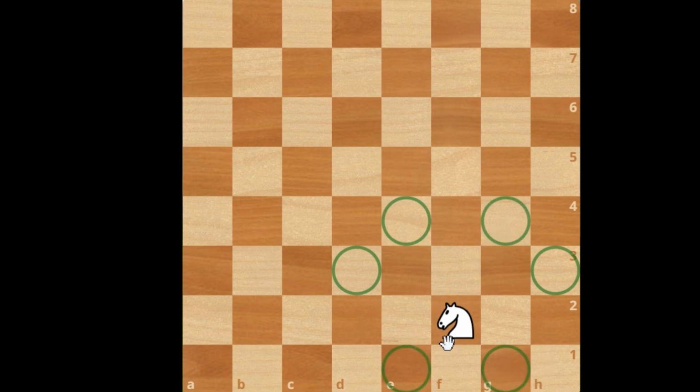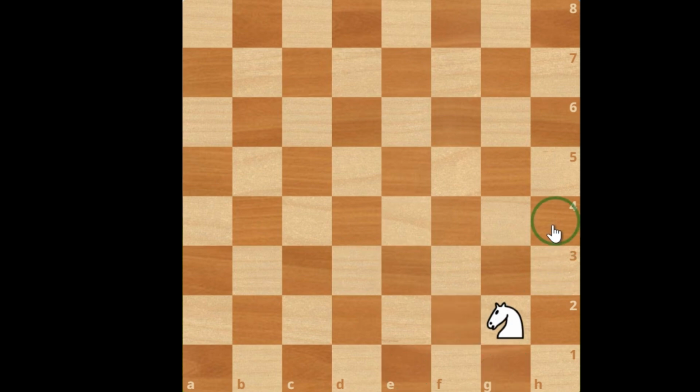But as it gets over here, it can only move to five squares. As you can see right now, it can't come here. It can just move to really fewer squares. That's it. Only four squares.